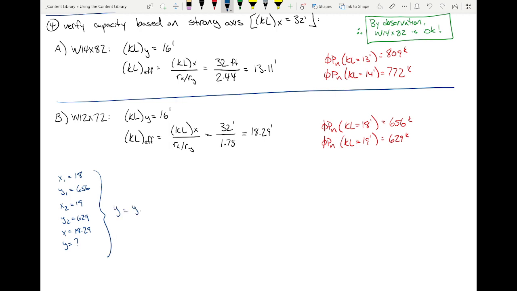So y equals y1 plus the slope term. So what do we get for this? Like I said, we need to interpolate. It might work, might not. If you can eyeball it, hey, eyeball it. I'm not that good. I kind of need to do the math.